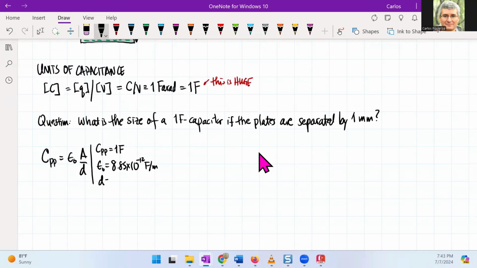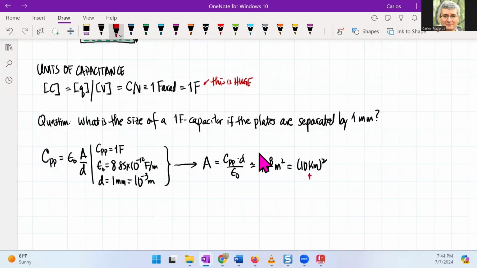And d here is 1 millimeter, which is really 10 to the minus 3 meters. If I calculate the area, it is the capacitance times little d divided by epsilon naught. If you calculate this number, it's about 10 to the 8 meters squared, which is about 10 kilometers squared.